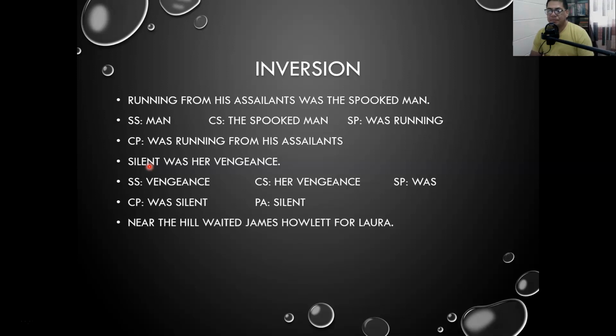One more example. Near the hill waited James Howlett for Laura. If you want to rewrite that sentence, it would say James Howlett waited for Laura near the hill.